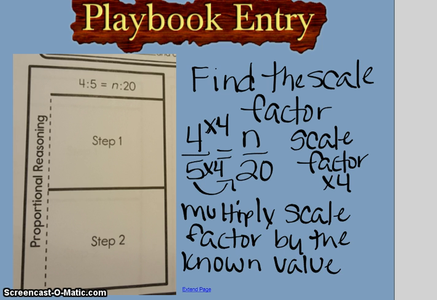So what this basically means is that we are going to take your 4/5 and we are going to multiply them by the 4, top and bottom, and we are going to get our new value, 16/20. So go ahead and make sure that you have these two steps written down. You can either write them down underneath step 1, or you can write them on the actual back of the flap as well as the paper copy.